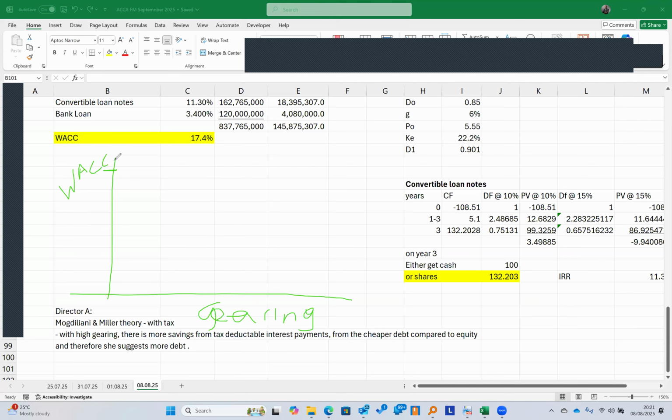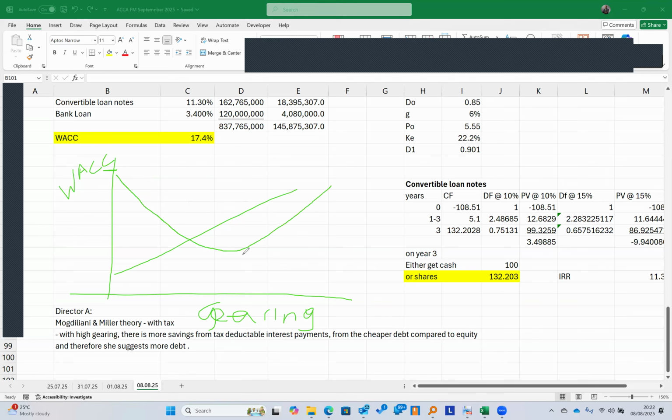They have different items in there. Of course, the cost of equity always increases with debt, because of risk. And then the cost of debt decreases, but at some point it starts increasing again.